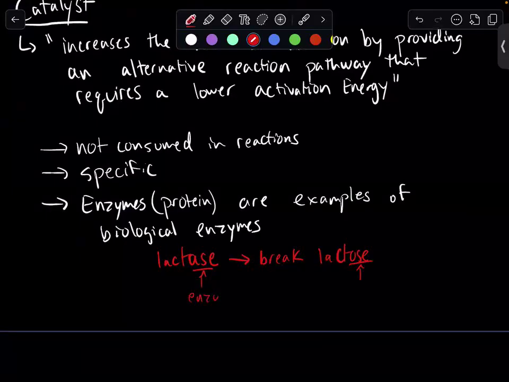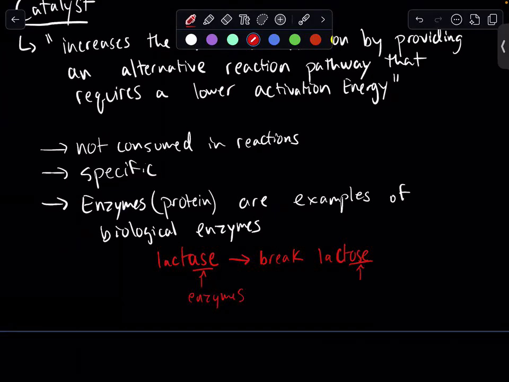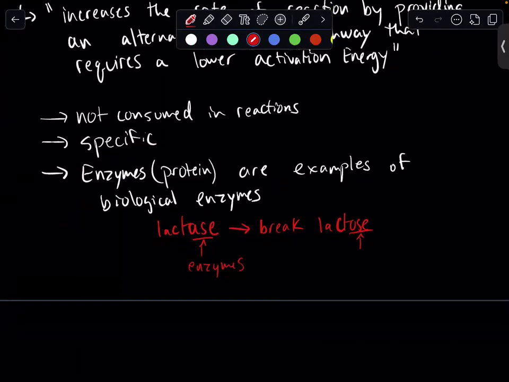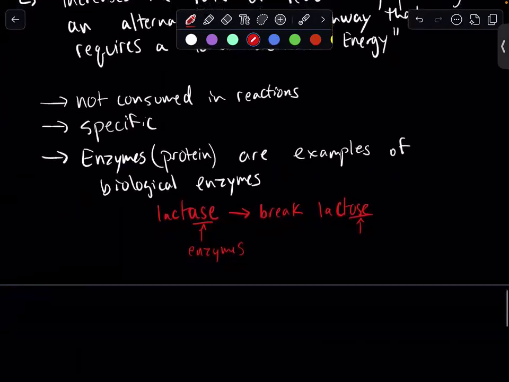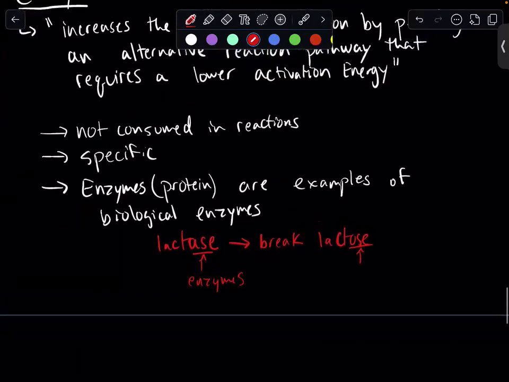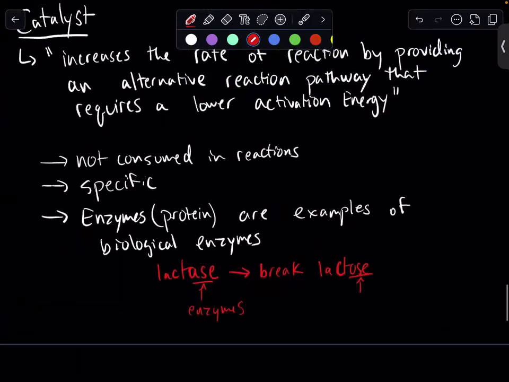So these are enzymes. Other examples might be helicase, DNA polymerase. Literally anything with an ASE is going to break down something. It is an enzyme that is going to catalyze the reaction of the breakdown of something or possibly the building of something.